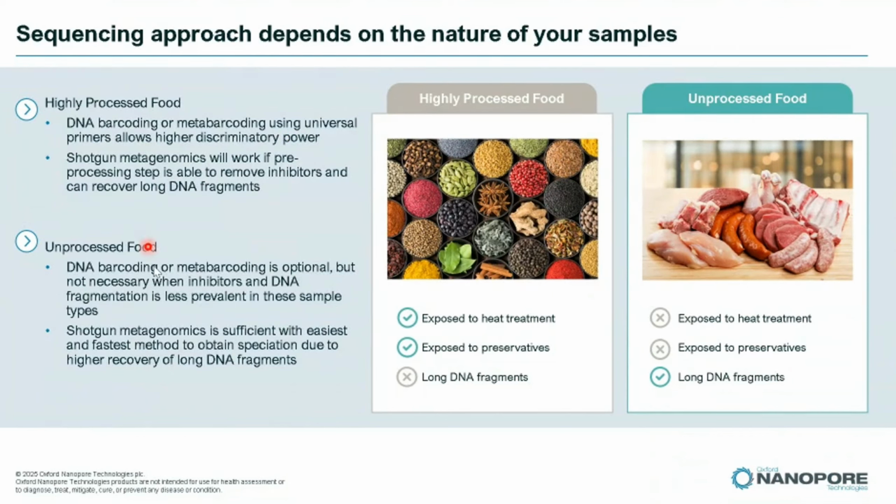For unprocessed food, DNA barcoding or the metabarcoding method is optional, but not necessary when inhibitors and DNA fragmentation are less prevalent. So shotgun genomic sequencing is sufficient, and the easiest and fastest method for unprocessed food.